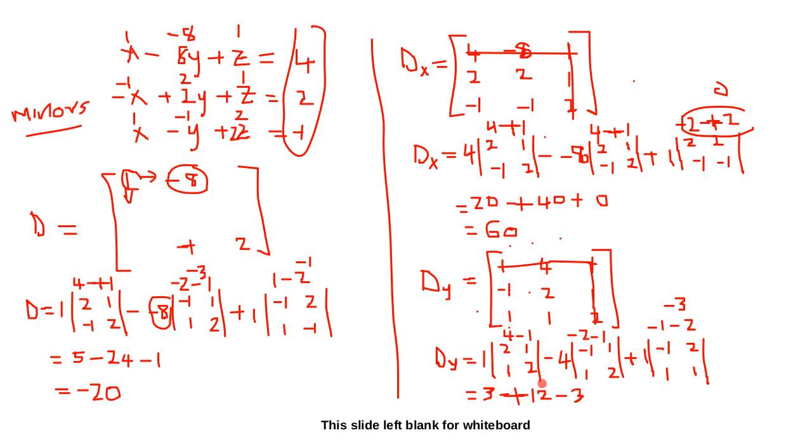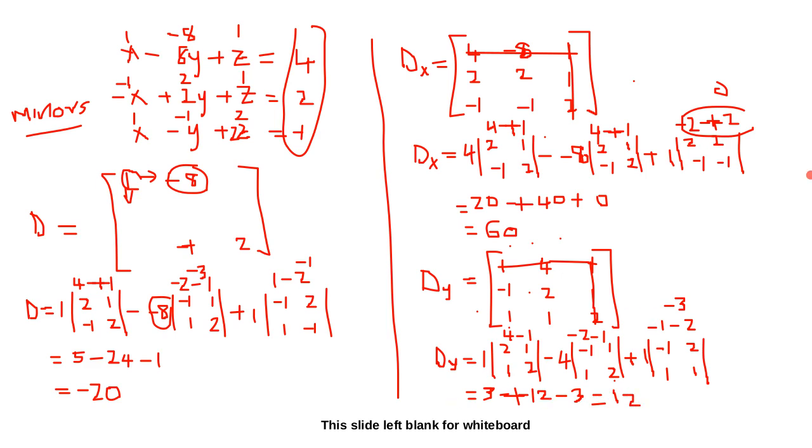So if you collect the like terms, dy will now be, you now add 3 plus 12, which is 15, minus 3. 15 minus 3 is now 12.